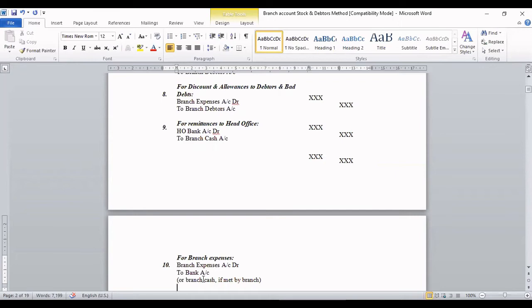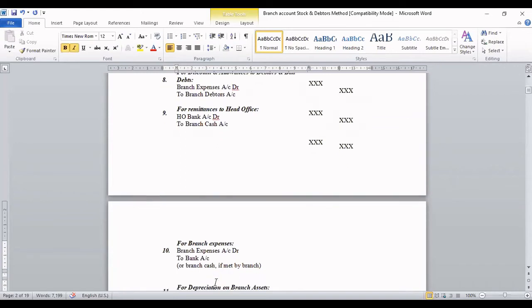So I have to debit branch expense account, and credit will be given to HO cash or HO bank, whatever you want to write. But if the branch is incurring these expenses, then the entry will be branch expense account debit to branch cash. Is this clear, everyone?